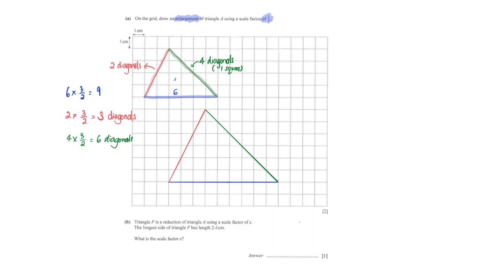Let's move on to part B, where we are then given that triangle P is a reduction.